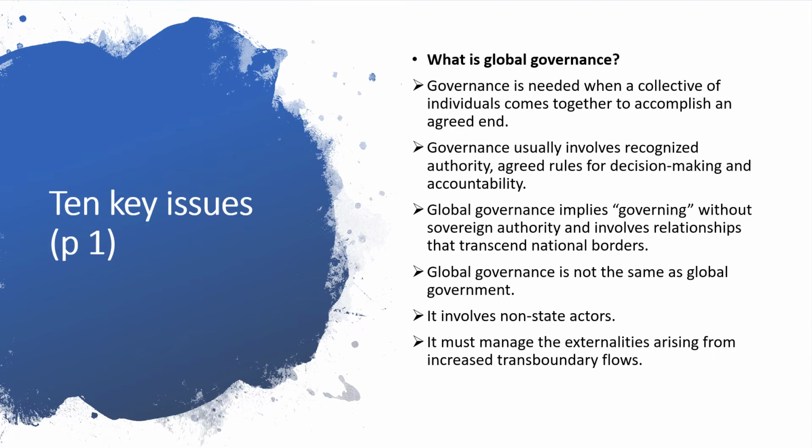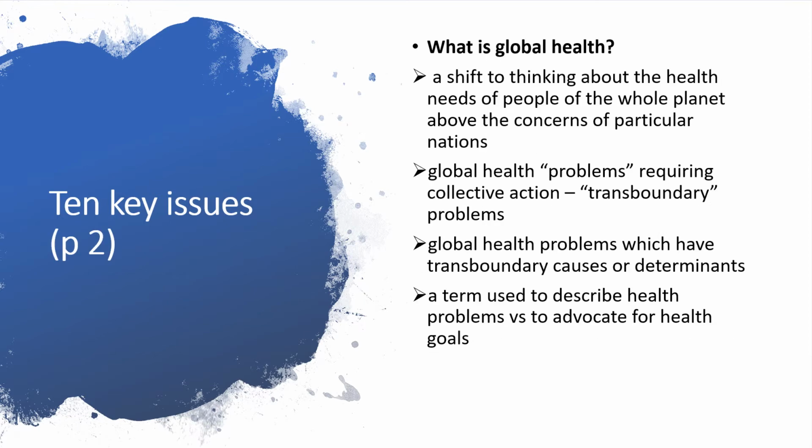Like the NGO universe, global governance implies an absence of central authority and the need for collaboration or cooperation among governments and others who seek to encourage common practices and goals in addressing global issues. So that's the overall context of global governance.